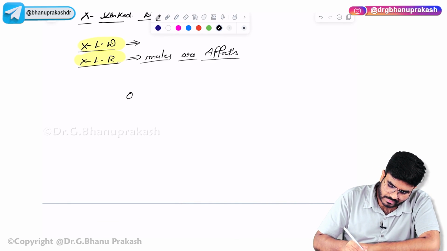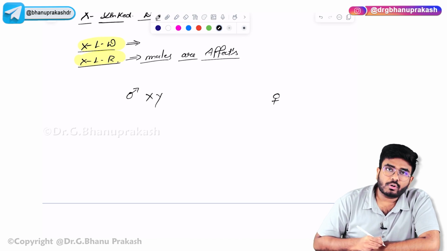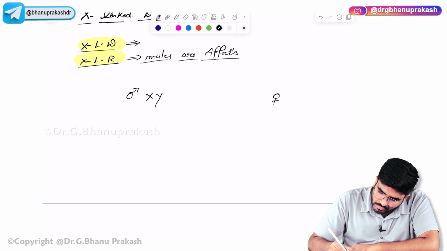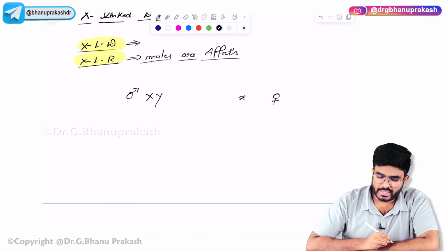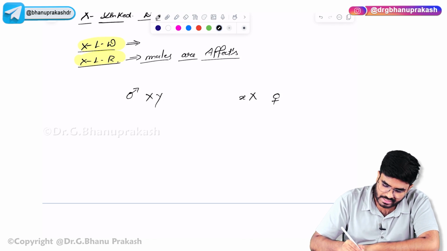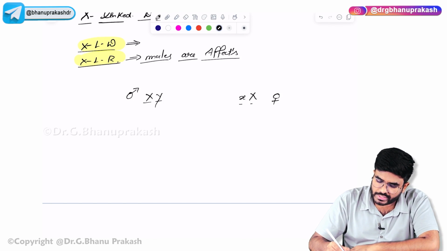Now let's see, male and female. Male has an X chromosome and a Y chromosome, female has XX chromosomes, right? For example, a female with a small x and a capital X. Male has X and Y. Female has 2 X chromosomes.